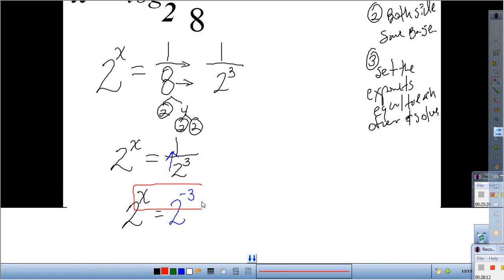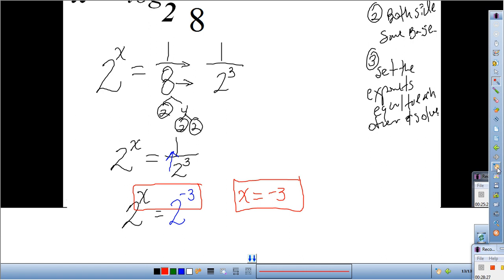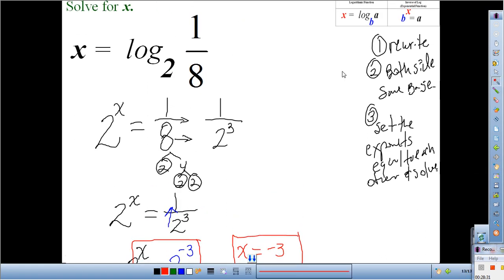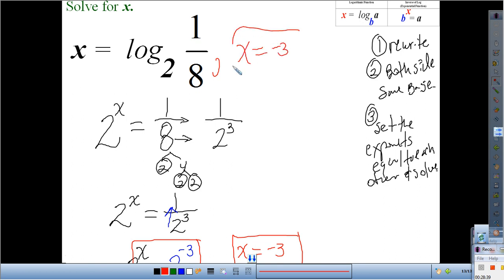Right here. All right, so then that means we do x equals negative 3, and we already solved. So therefore, what is our solution? X equals negative 3. So for x equals log base 2 of 1/8, this is x equals negative 3.